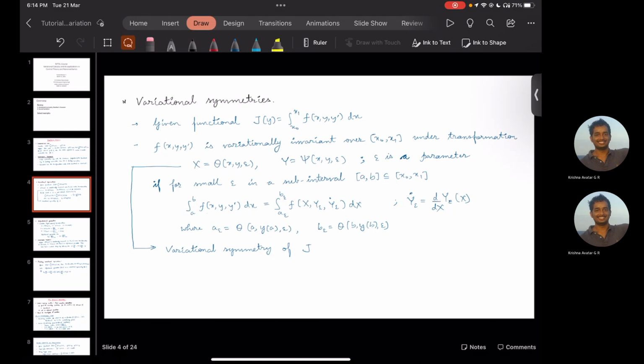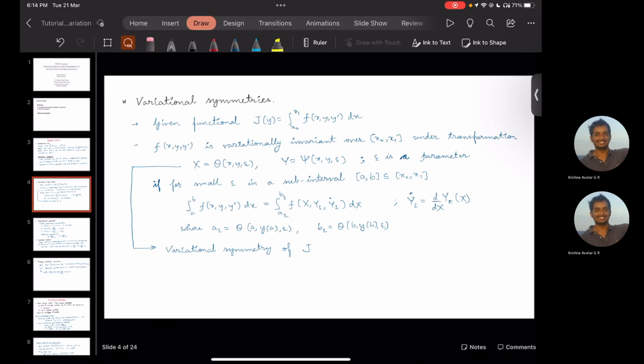If this relation holds, then such transformations are what we call the variational symmetry of the functional J.